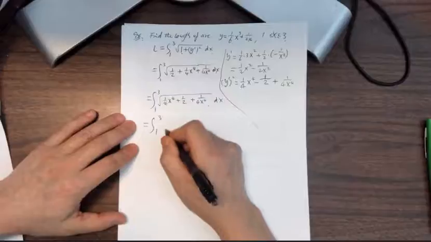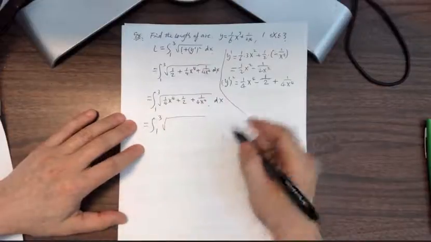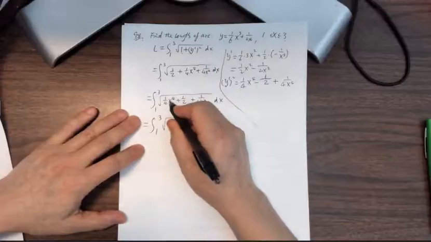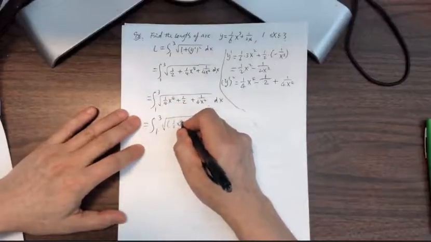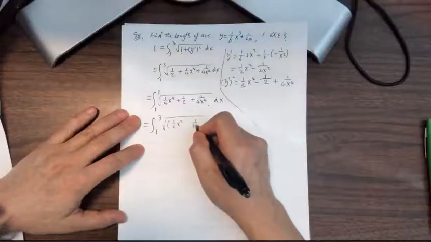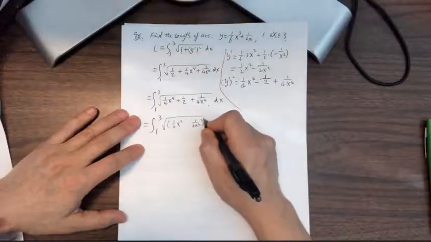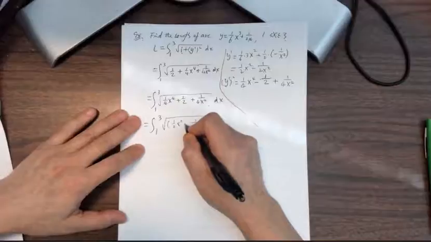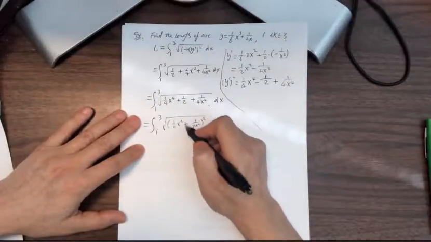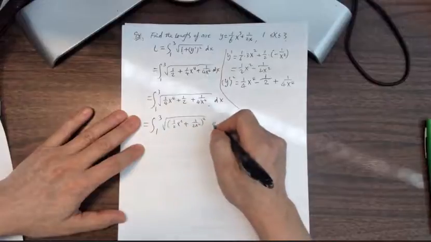Then mechanically, we take a square root of this term, that's 1/2 x squared. We take a square root of this term, and here we put a plus because it's a plus. If it's a minus, we would put minus.